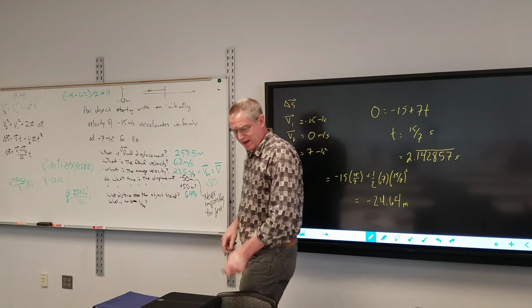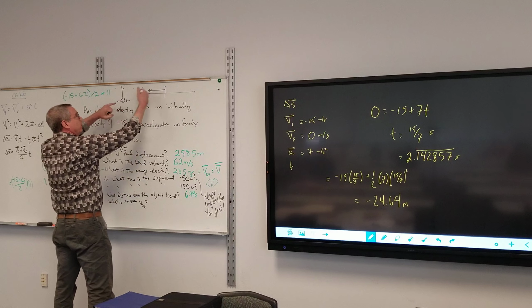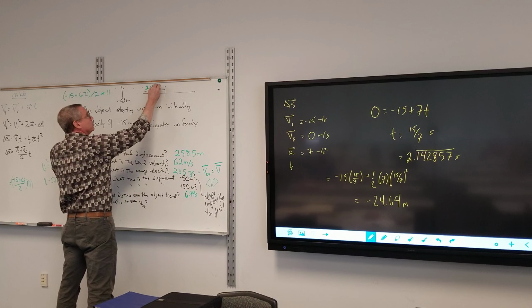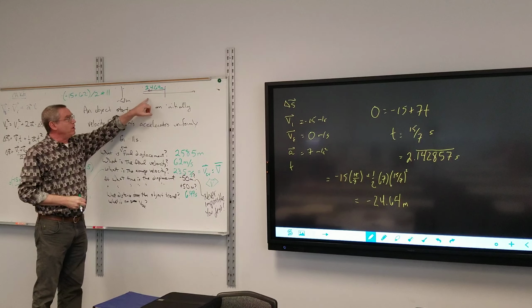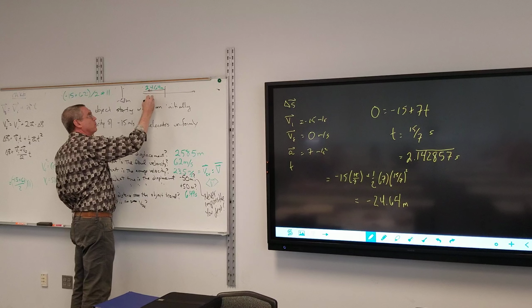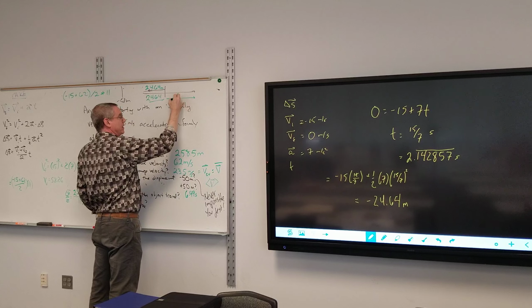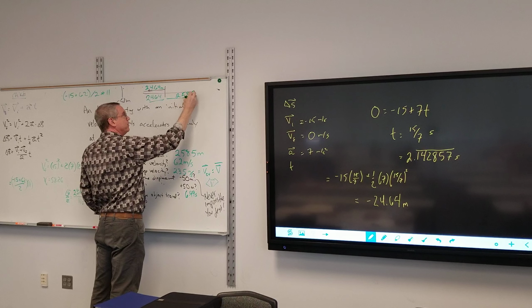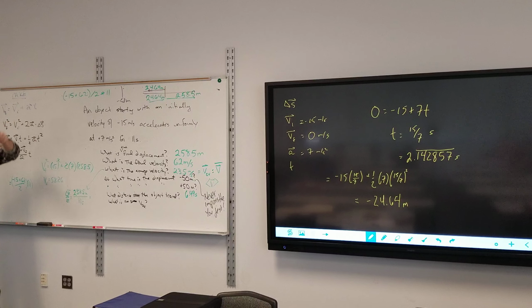But what we have here is that we go to the left 24.64 meters. That's the distance I traveled to get back to where I started, 24.64 meters to get back to here. And then I end up, I've already found that, 258.5 meters. So the distance traveled is just the sum of those three numbers.